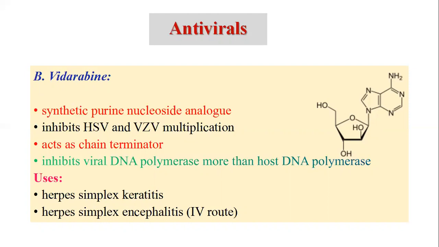That is very important because they specifically bind with or recognize the viral DNA polymerase, not the host DNA polymerase. That is why only the replication of the virus, irrespective of RNA or DNA, will be inhibited, not the host cell DNA replication.